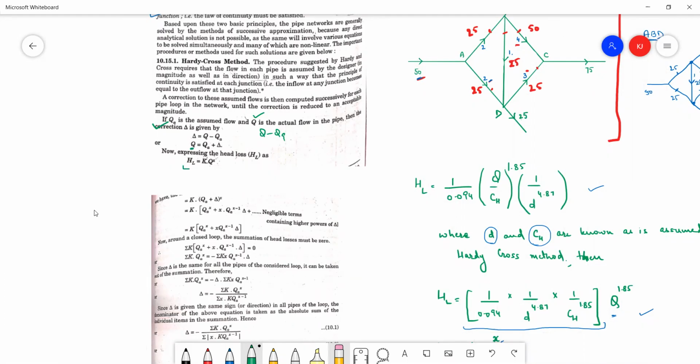And now I have already given you this expression. I've already told you where it came from. So let's say the head loss in this particular case is represented by K into Q raised to power X. Now where Q is the real flow for this particular pipe which we are considering. So this can be written as this.